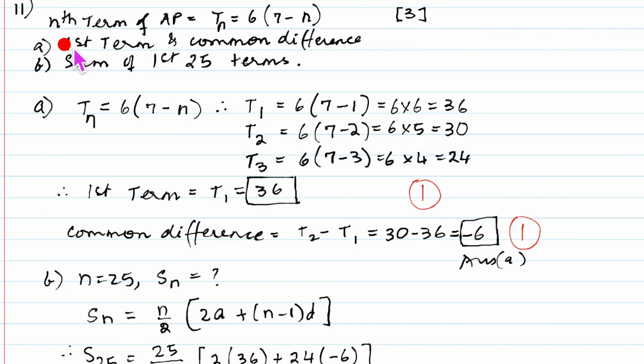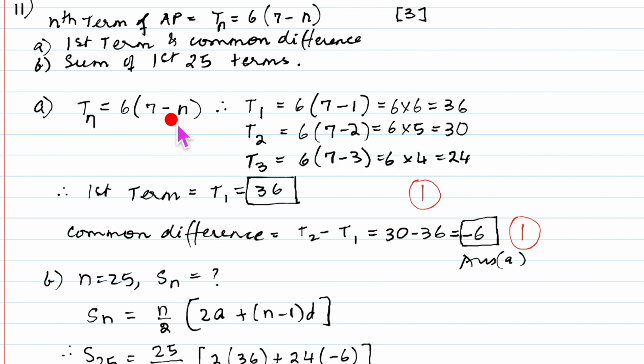The nth term of the AP, Tn, is 6 into 7 minus n, and we have to find these, so we write these and then we start with the solution. We write the general term, the nth term that is given, and from that we find T1, that is the first term.